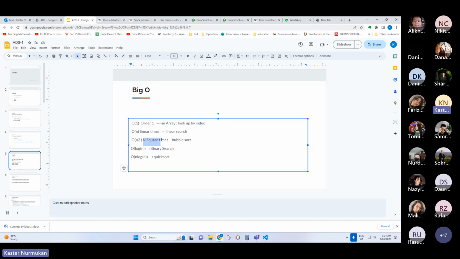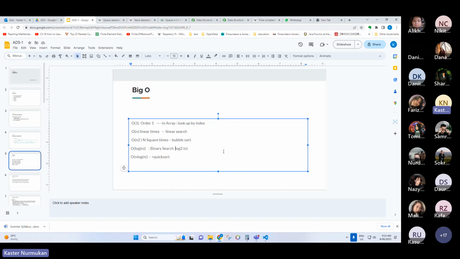This is a general representation, and then also O(log n), right? Usually with O(log n), it's not base 10, it's base 2. We'd say log base 2, which actually means 2 to the power of log n. That's the meaning of log n.